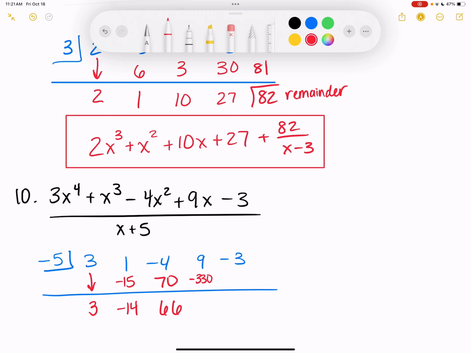Okay. Plus 9, so negative 321 times negative 5. Okay, it's going to be positive, so let's see. 1605? Okay. I think so, too. I just wanted to verify. Minus 3, so 1602. So that's our remainder there.